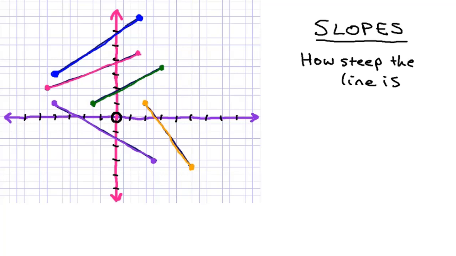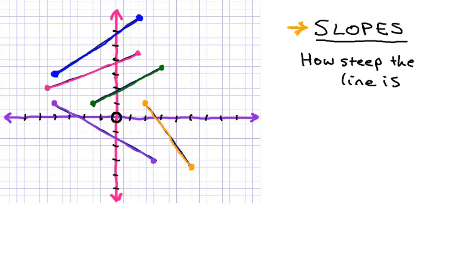So the steepness is what the slope is, and we can actually measure how steep the line is with our coordinates, with our points, with our dots that we've made. And it will tell us an exact measurement of how steep each line is.